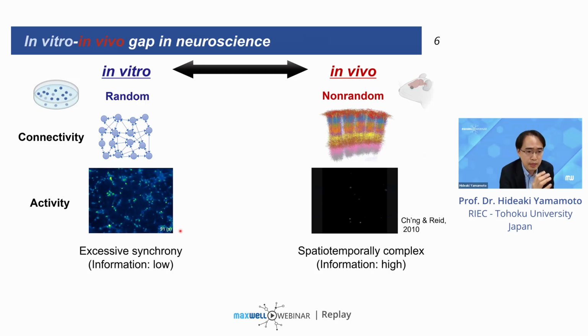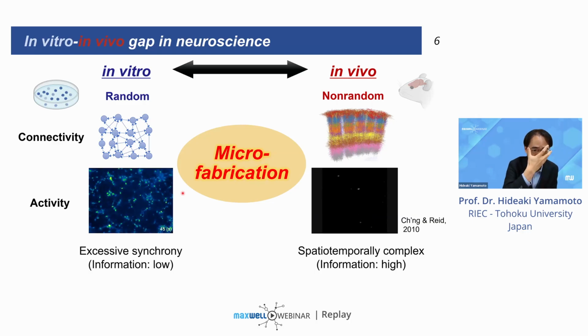And so there's a fairly large gap between the in vivo and in vitro systems, both in terms of their connectivity and the activity that they produce. And my motivation has been to somehow bring these two systems closer using cell engineering technologies based on microfabrication that we specialize in.